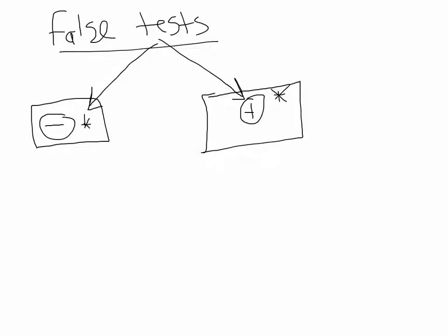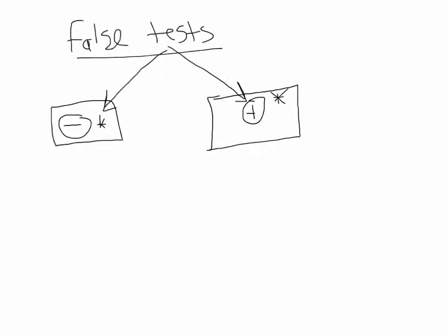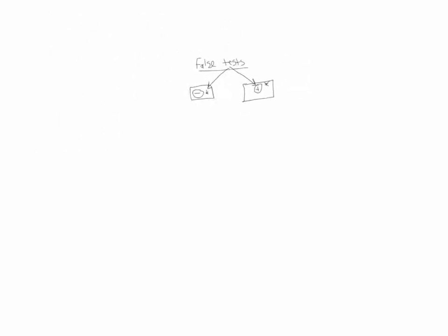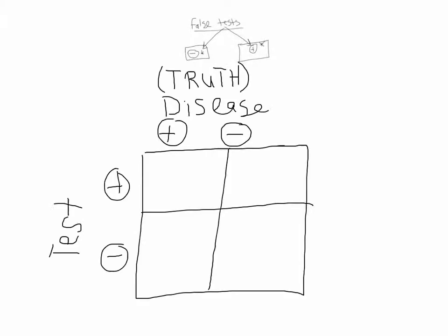So we need to know the characteristics of our test. How often will we get a false negative, and how often will we get a false positive? The measure of that is called the sensitivity and specificity. So here along the top edge I have the disease status, the true disease status. Whenever you see a 2x2 box like this, typically you can think of the top part as telling you what the truth is, and then the side is telling you what the test says.